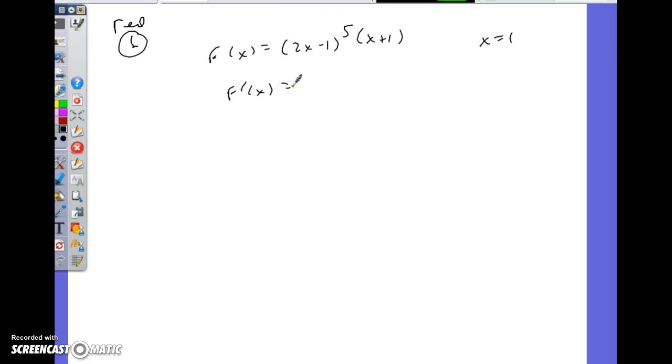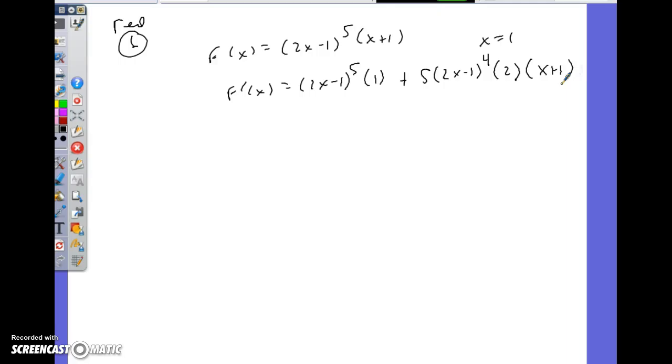So I'm going to use the product rule. I'm going to go (2x minus 1) to the fifth, and do the derivative of the first one, which is 1. Plus, I have to do 5 times (2x minus 1) to the fourth times the inside, which is 2, times the thing left alone.